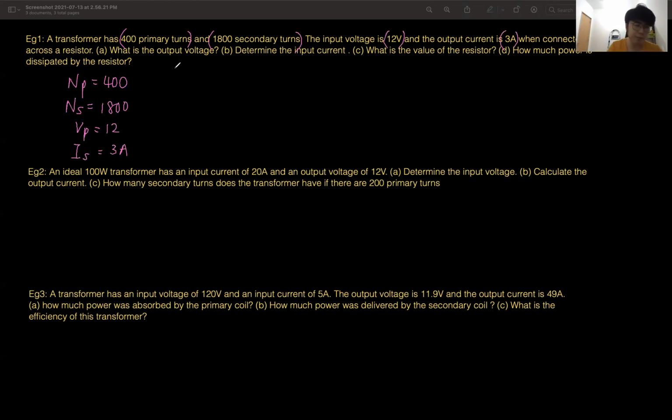We can just use the formula VP over VS equals NP over NS. 12 over VS equals 400 over 1800. So VS equals, calculate this, you get 54 volt.